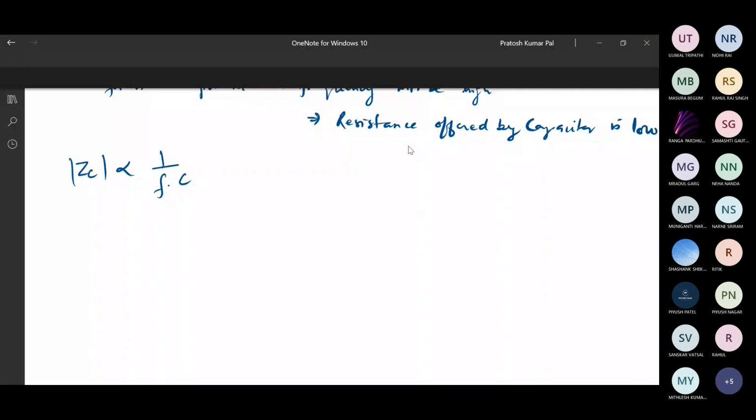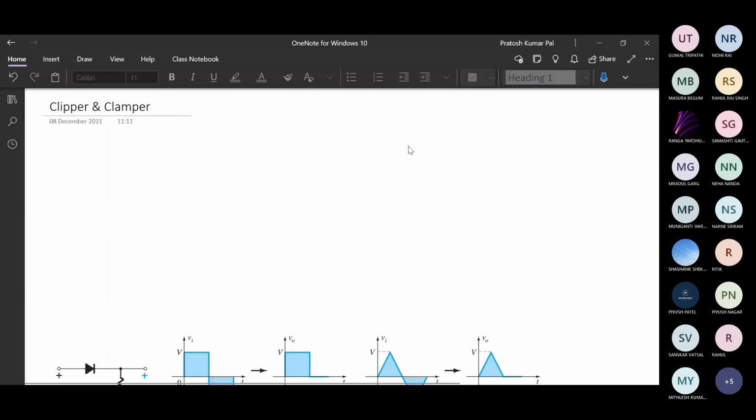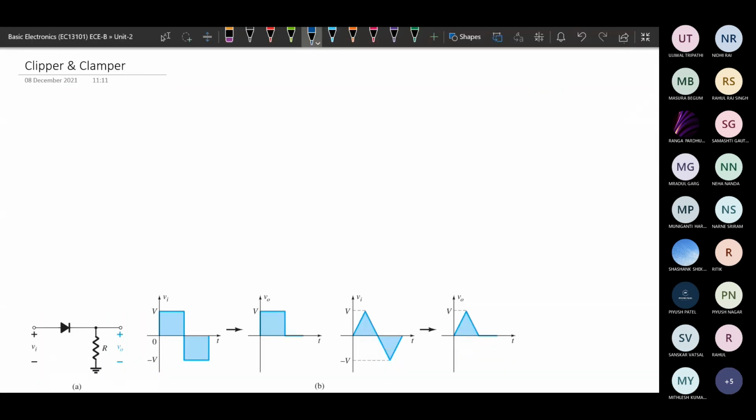The next components that we will see are the clipper and clamper circuits. First of all, we will see the clipper circuit. As the name suggests, it is clipping whatever input we provide to the circuit.